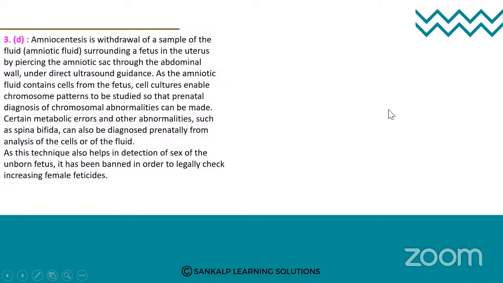Amniocentesis is the withdrawal of a sample of the amniotic fluid surrounding a fetus in the uterus by piercing the amniotic sac through the abdominal wall under direct ultrasound guidance.